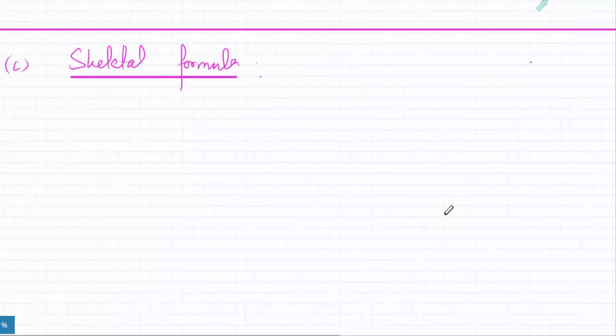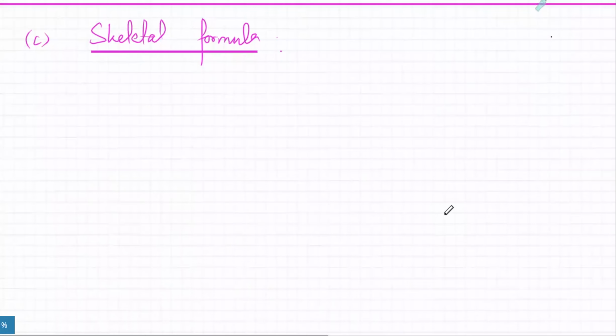Okay, let's go with skeletal formulas now. They're going to ask you for skeletal formulas. The purpose of skeletal formulas is that sometimes you just want to be really quick. They're like displayed formulas, but if you want to be really quick without making any structural errors, you use the skeletal formula, just for speed.